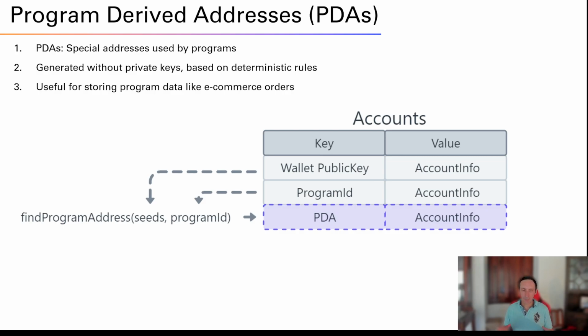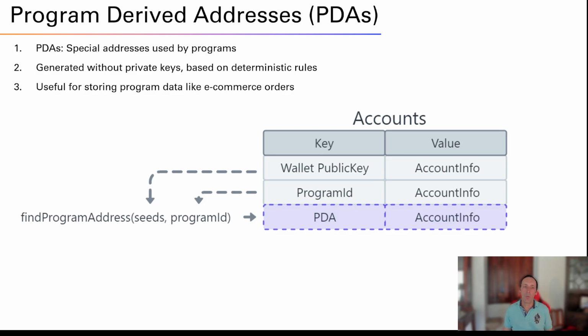You see an example of this in this picture. There is this method that you'll see in the code that I'm going to share with you in the next few sessions, where you call find program address, you pass some seeds into it, and the program ID.